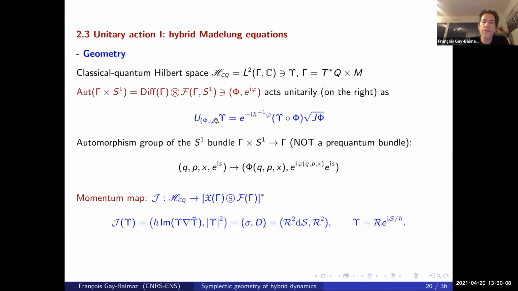The only difference is that now, instead of having diffeomorphism of phase space, we have diffeomorphism of this hybrid space, which is the phase space cross the quantum space, quantum configuration space. As before, I can compute the momentum map, which has the same form as the one for the Madelung equation in classical KVH.